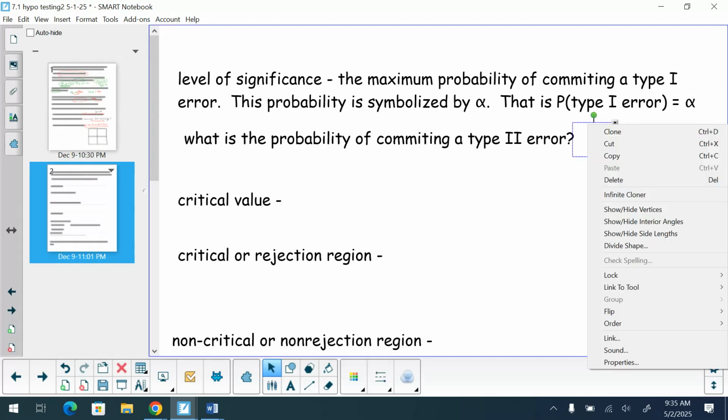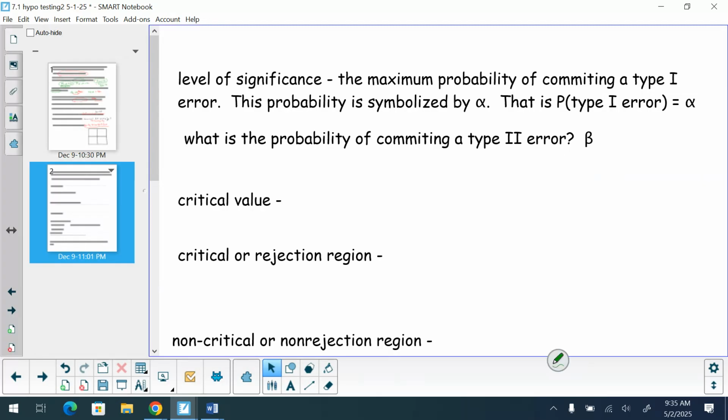When you get into stats 2, you'll talk about committing a type 2 error, which is a beta value. That is your probability of committing a type 2 error. We won't be dealing with that in stats 1, but it's there.